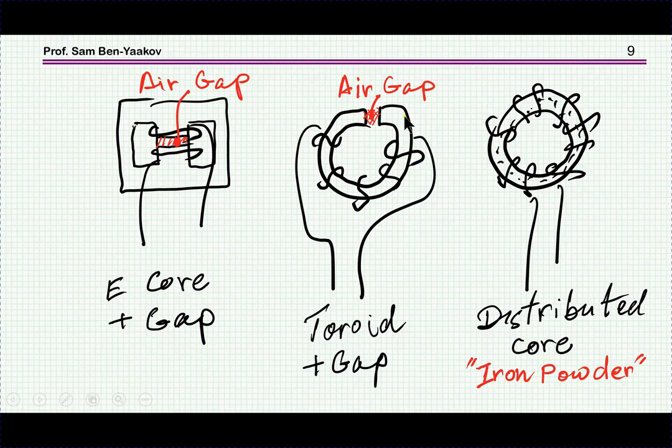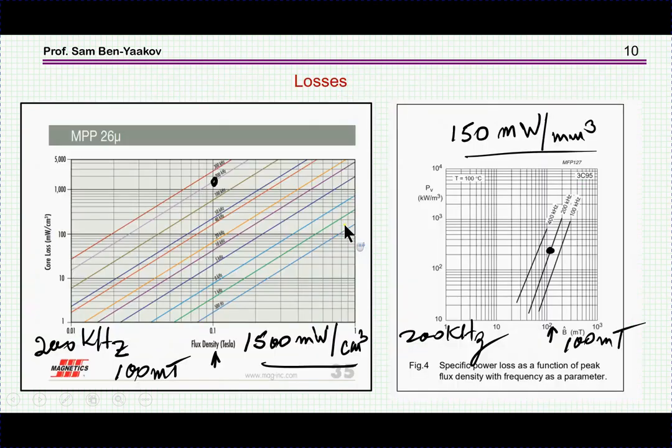We have a toroid with an air gap, and then we can have the so-called distributed gap or iron powder core, in which the ferromagnetic material is mixed with a non-ferromagnetic material so as to dilute it, and therefore the gap is distributed throughout the core. In this presentation, I'm going to concentrate on the toroidal core. This is the issue of this presentation.